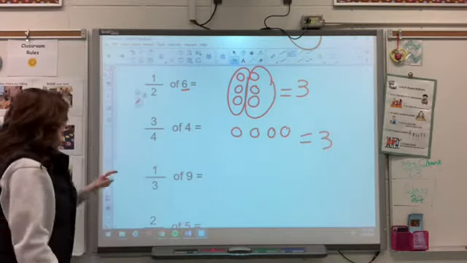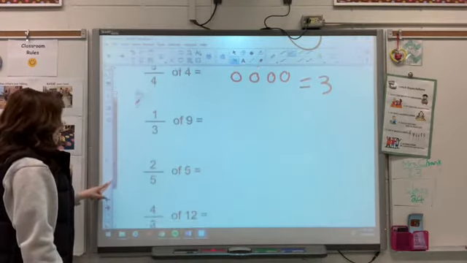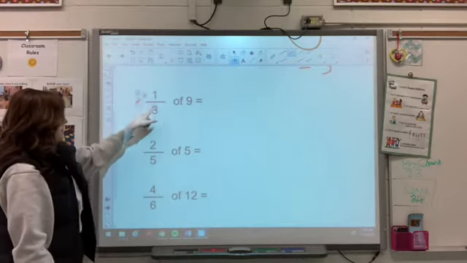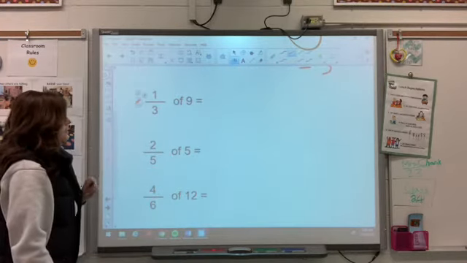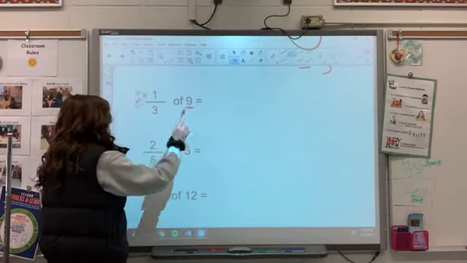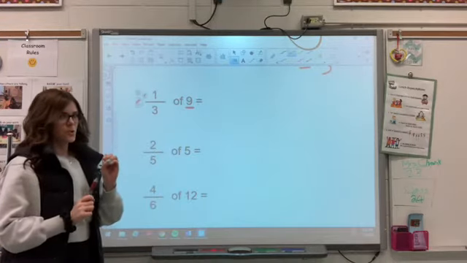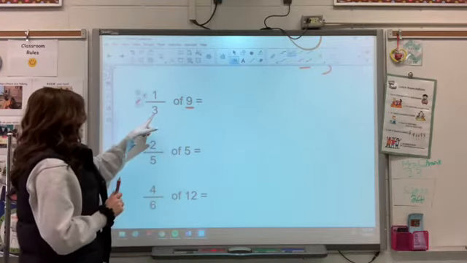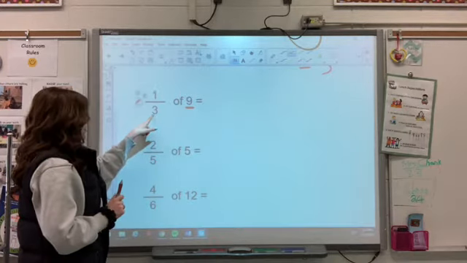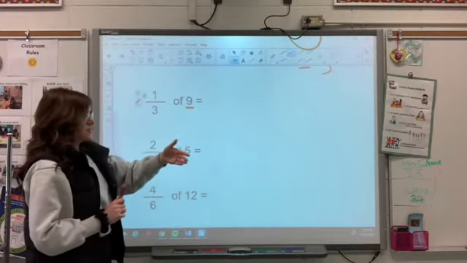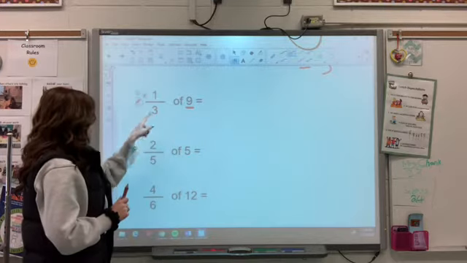That one's a little bit tricky. The next one, I have 1/3 of 9. Okay, so I know right away I'm going to have 9 little circles in total for part of my set. Now I have to separate those circles into 3 rows, or I guess columns. They need to be 3 equal columns.